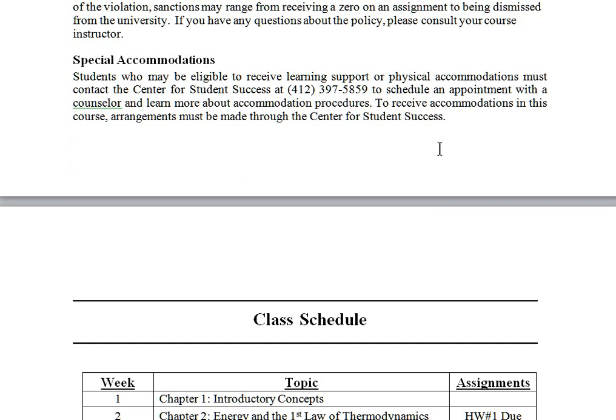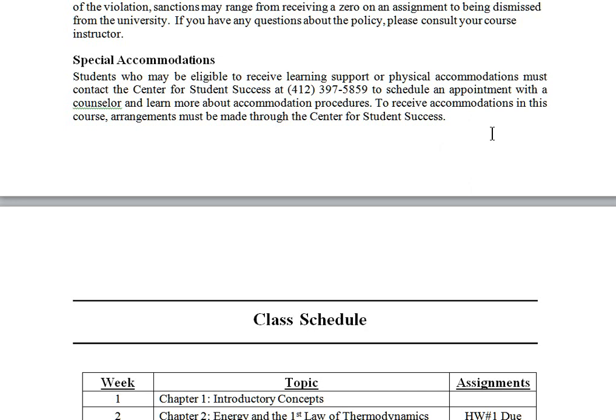Special accommodation. Students who may be eligible to receive learning support or physical accommodations may contact the Center for Student Success at 412-397-5859 to schedule an appointment with a counselor and learn more about accommodation procedures. To receive accommodations in this course, arrangements must be made through the Center for Student Success.